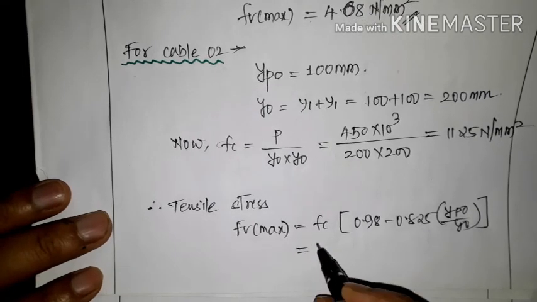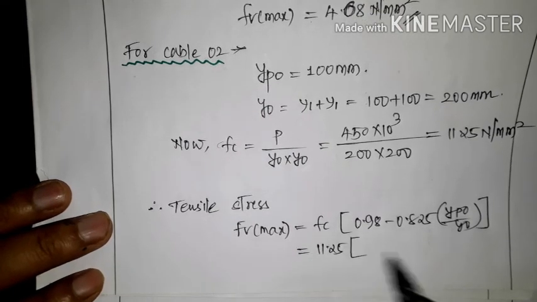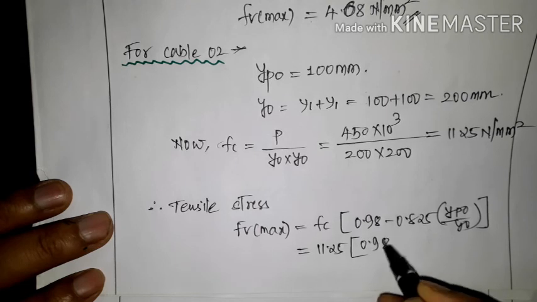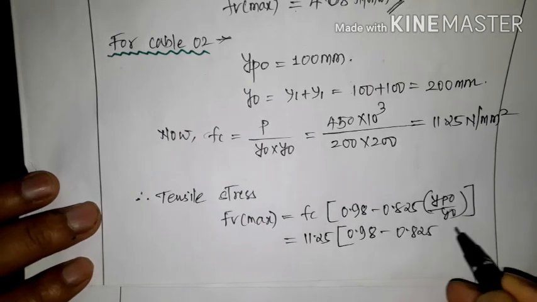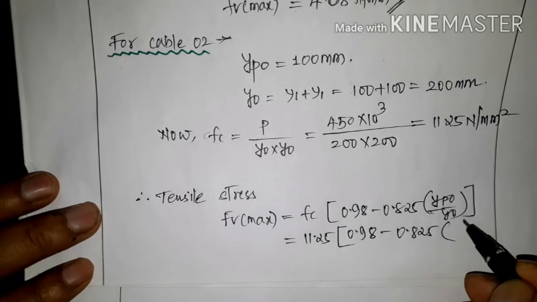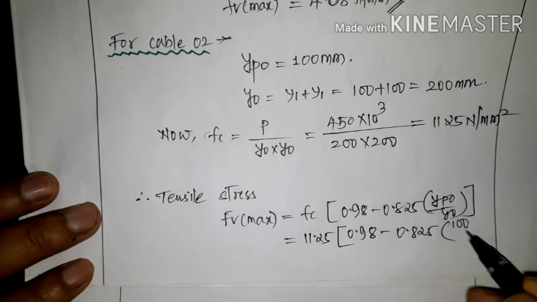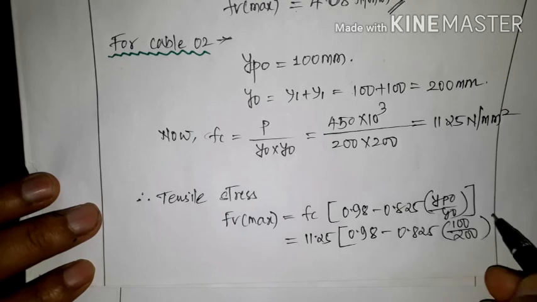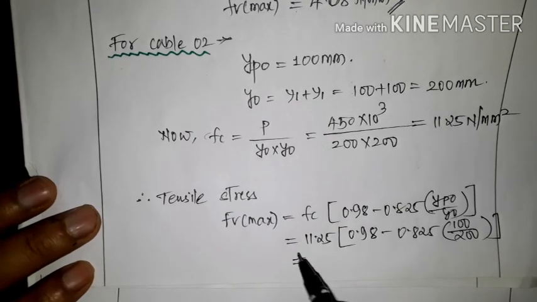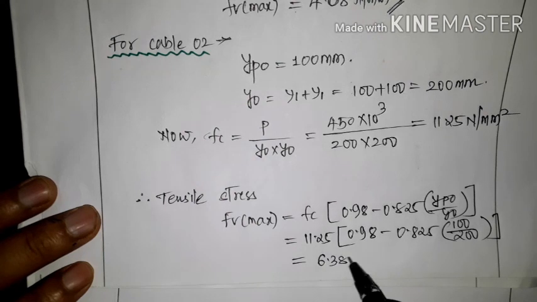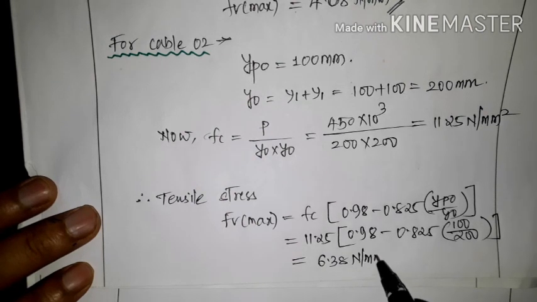So Fc we have got as 11.25 into 0.98 minus 0.825, yp naught is 100, but y naught is 200. So we'll get this as 6.38 Newton per mm square.